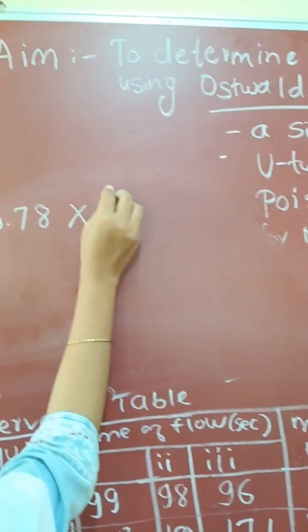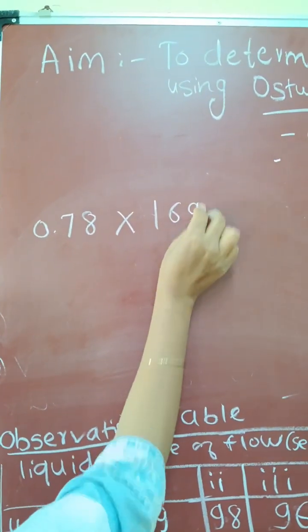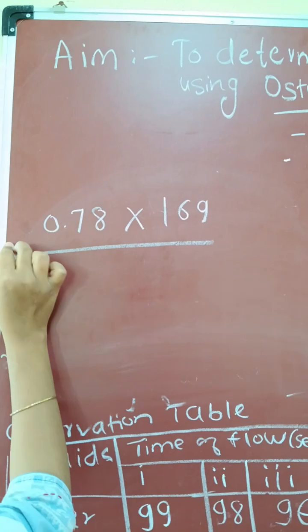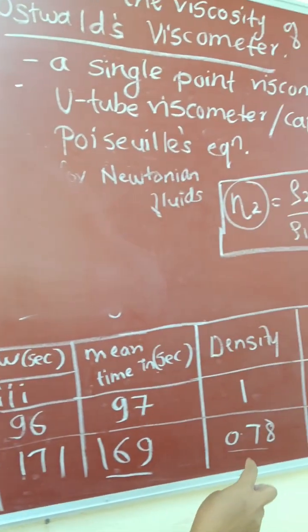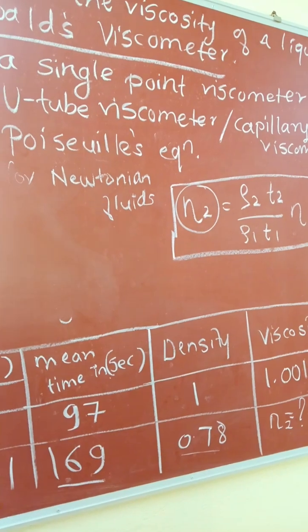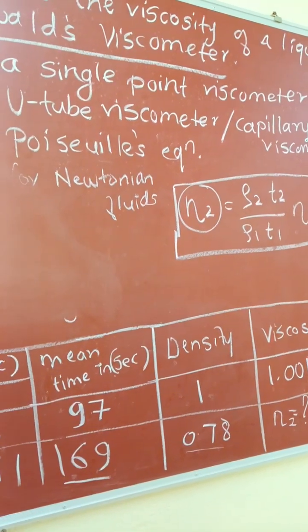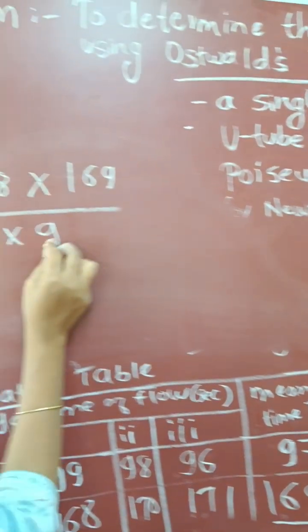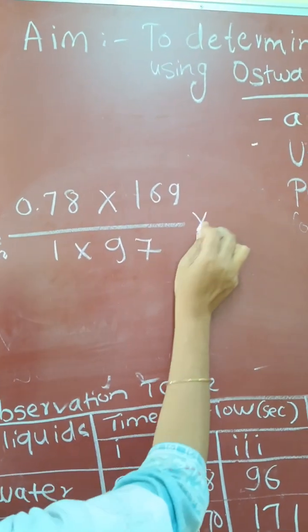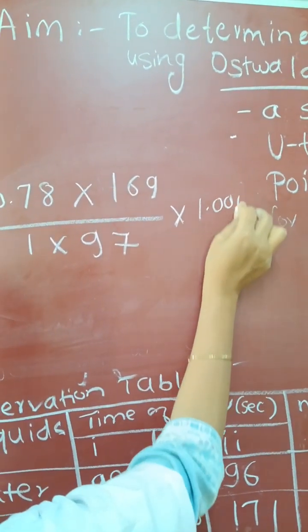It is 169. We know rho 1. Rho 1 is 1, into the time taken is 97 seconds, into 1.0012.